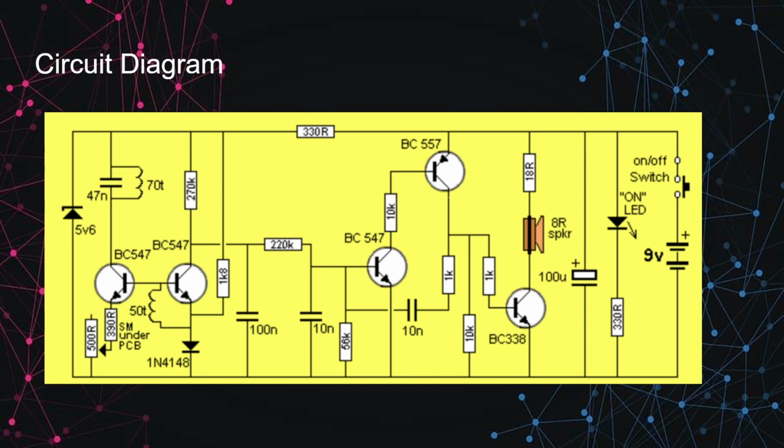On the output side, we have our 8 ohm speaker, which is connected to our BC338 transistor, and then an LED which showcases the state of the metal detection, on or off, and then we have a voltage source with the switch.